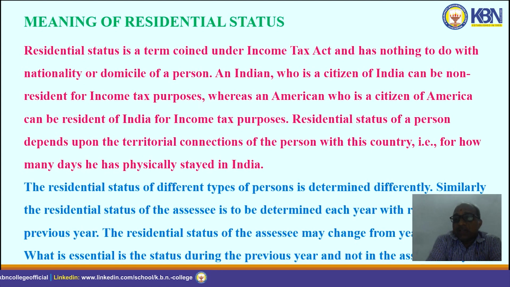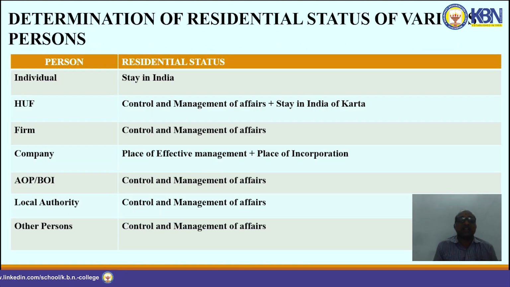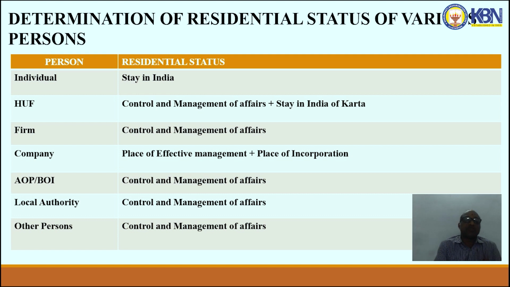So, for different assessees, we ascertain residential status in different categories. A person includes individual, HUF, firm, company, AOP or BOI, local authority, and any other persons.